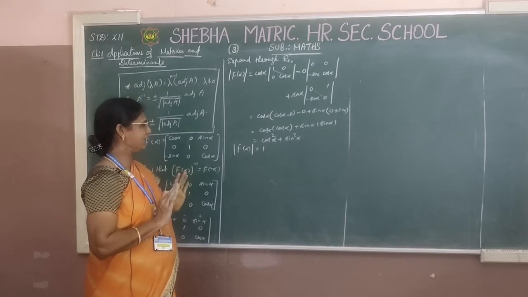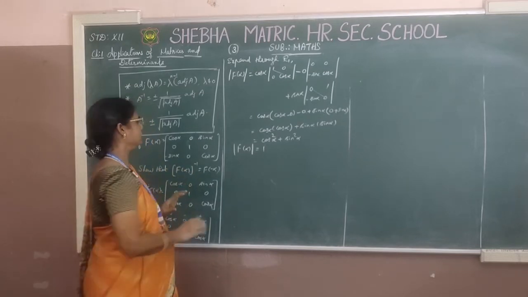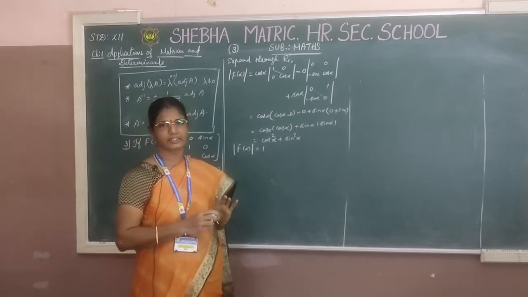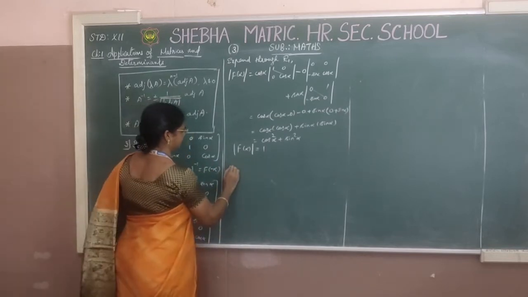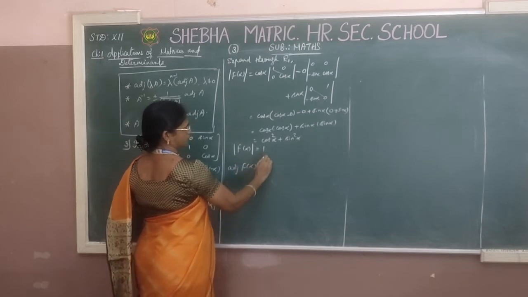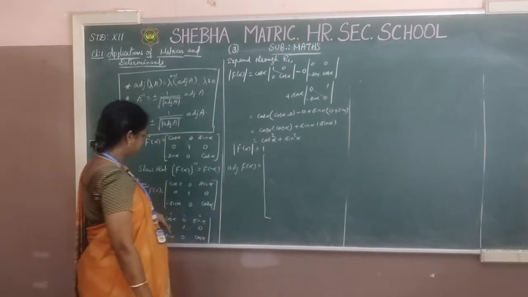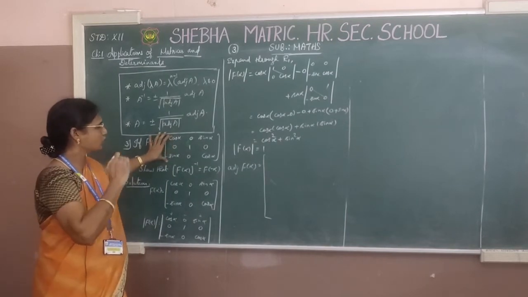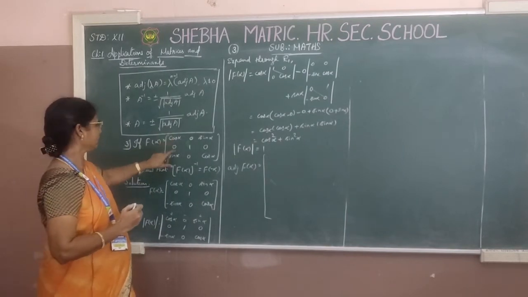Next, you have to find adjoint of f of alpha. Here also we are doing the direct method. Okay. So, adjoint of f of alpha is equal to, first write the given matrix 4 times in the square form as well as matrix form.